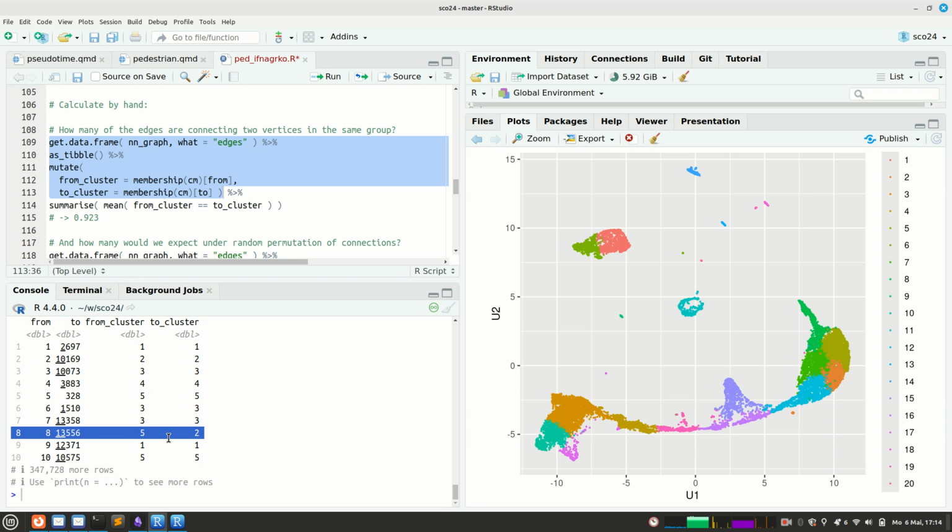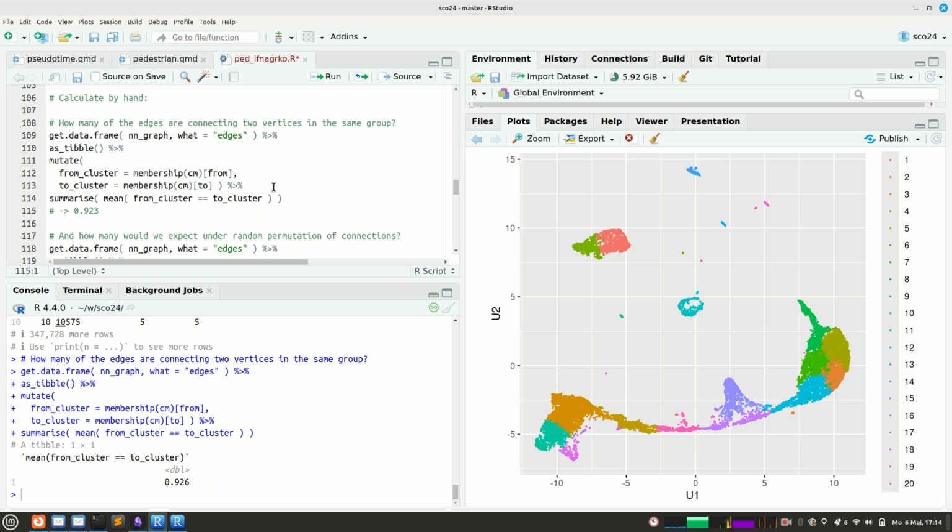So I can now easily calculate how many of them connect the same color and how many connect different colors by just asking which percentage of these rows have the same value in this column and in that column. And I do that by just using summarize and asking what's the percentage of rows where from cluster is equal to to cluster, and I find that in 92.3% the edges connect two vertices of the same cluster.